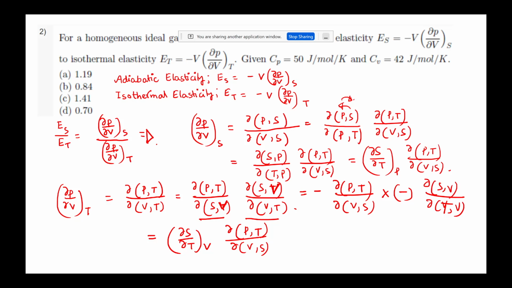Now these things are similar. Let me box it. This thing and this thing are same, so this will cancel out when we take the ratio, right?